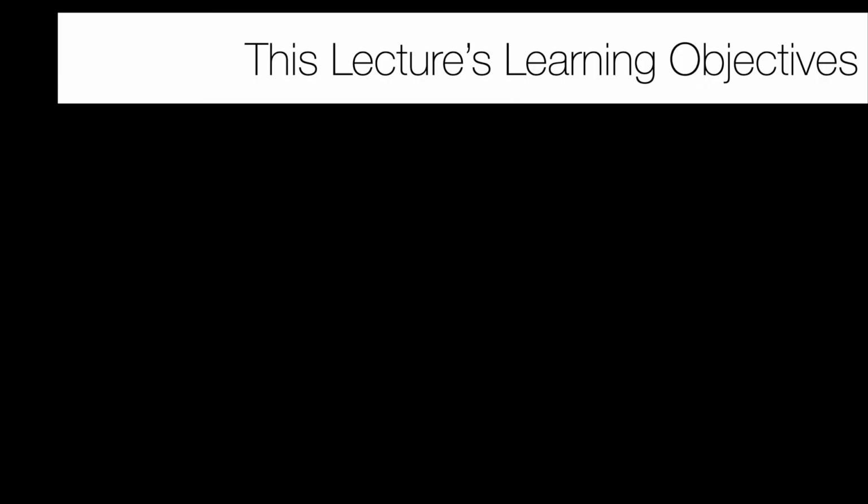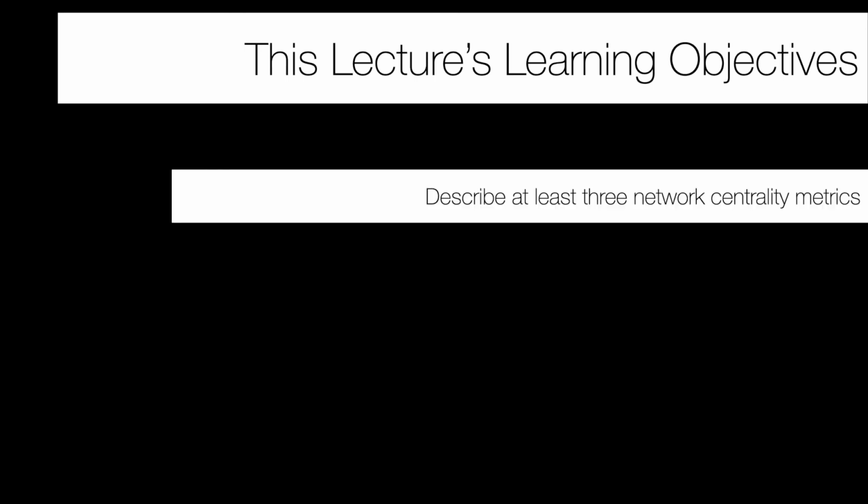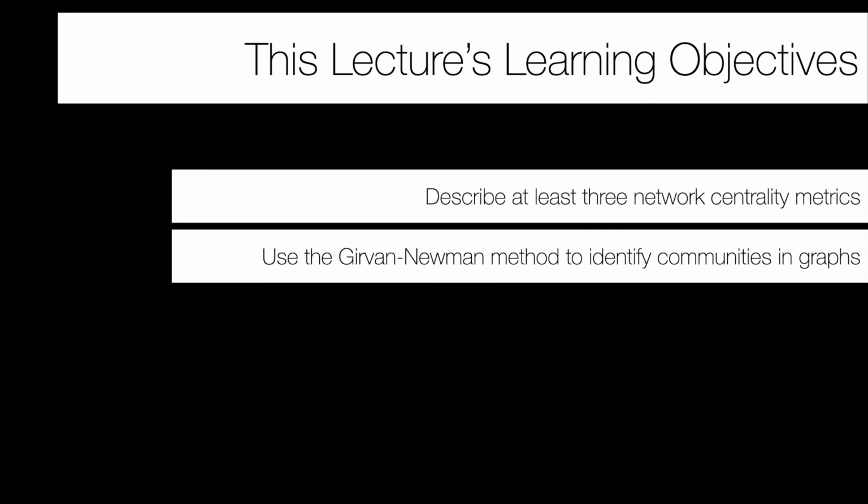So now that this rounds out the Module 2 lectures, for this particular lecture, you should now be able to describe at least 3 network centrality metrics. We've talked about PageRank and eigenvector centrality, degree centrality, betweenness centrality, and closeness centrality. You should be able to use the Girvan-Newman method and betweenness centrality, applying that to a graph to iteratively remove edges that have high betweenness centrality until you end up with some set of clusters or groups of nodes in our graph.